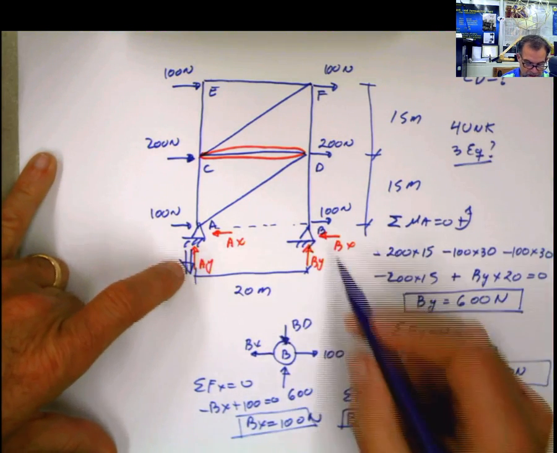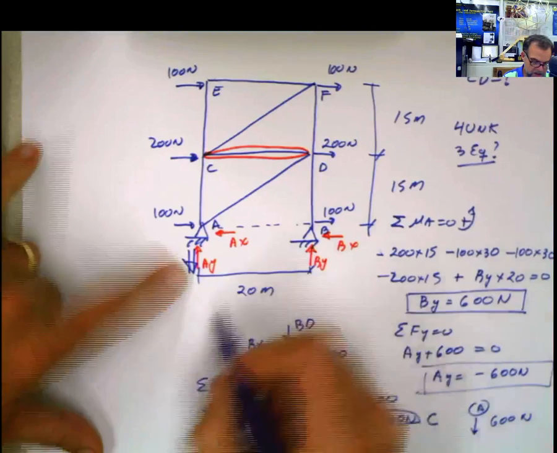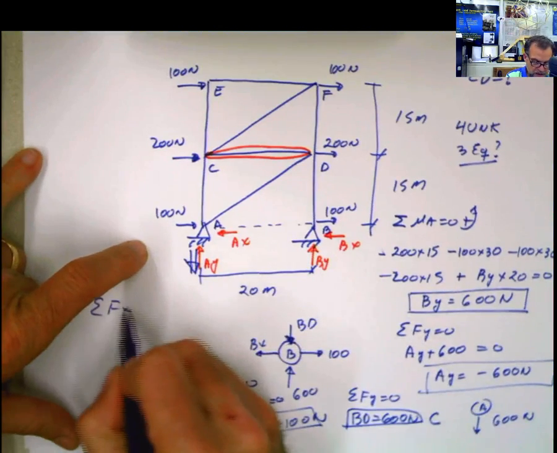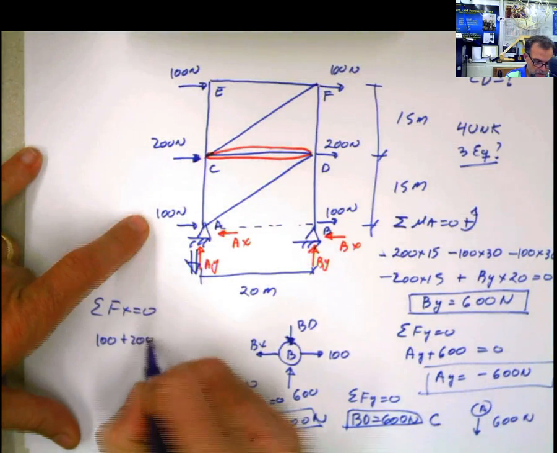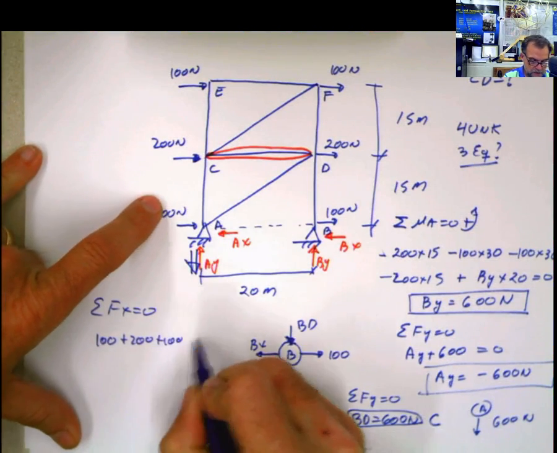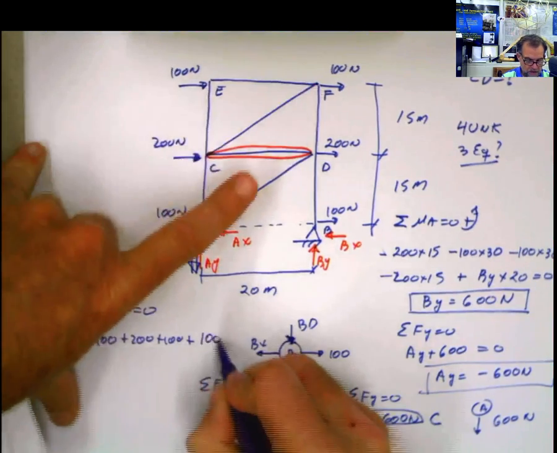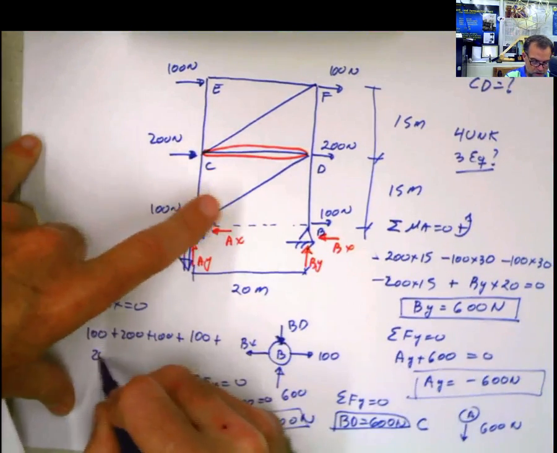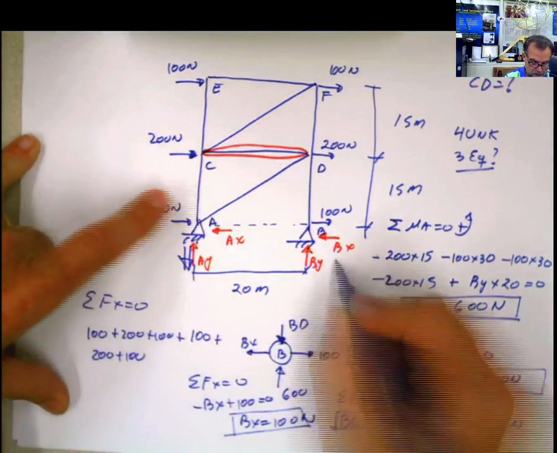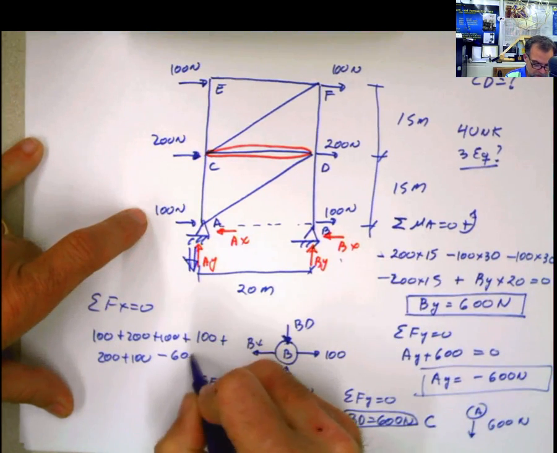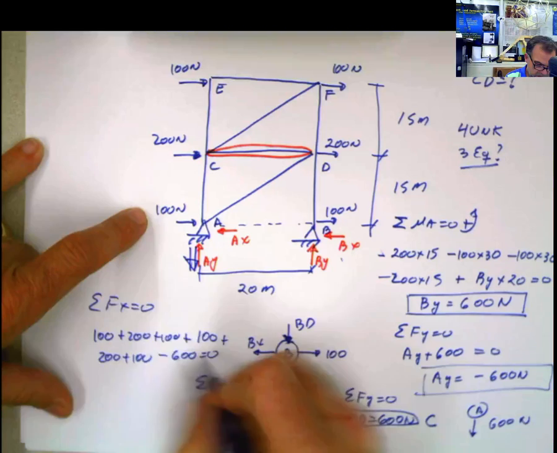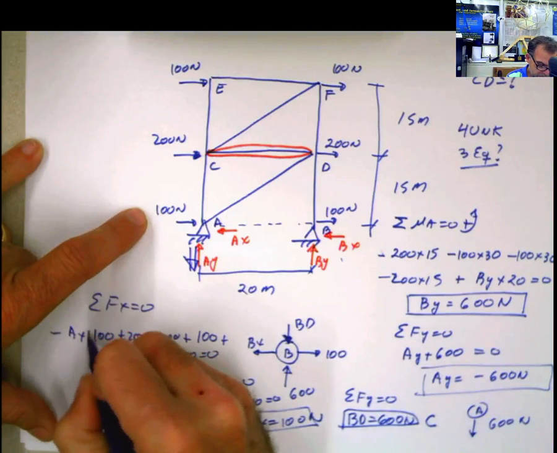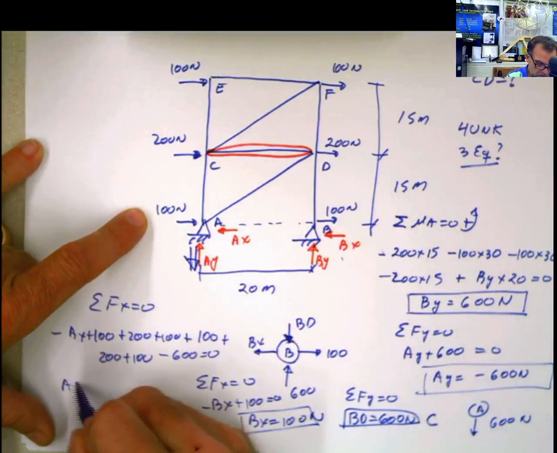Once I have Bx, I know Ax, because I can say that summation of forces in X equals 0, and then I have 100 plus 200 plus 100 plus 100 plus 200 plus 100 minus Bx, no, I'm sorry, minus Bx minus Ax equals 0, because it's here, so I can solve for Ax.